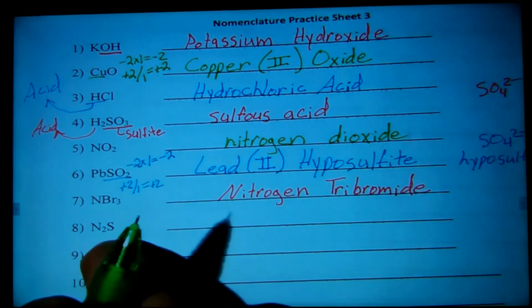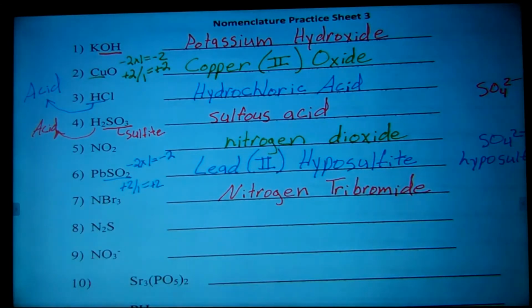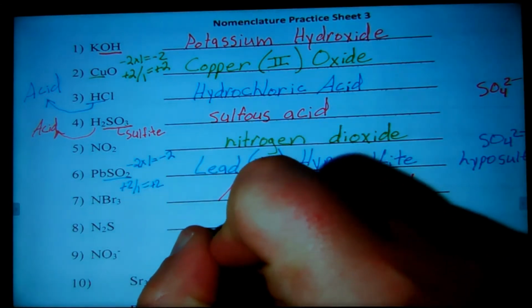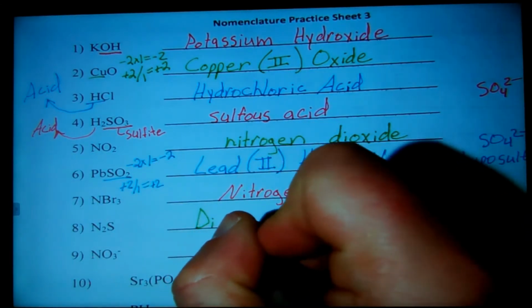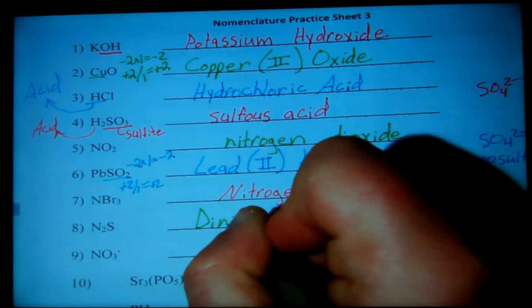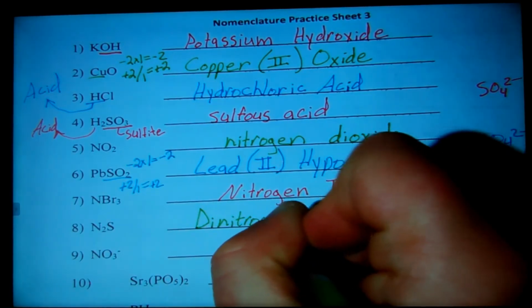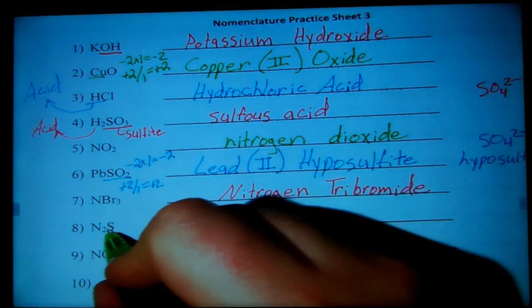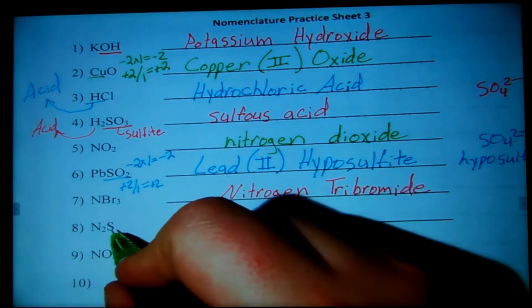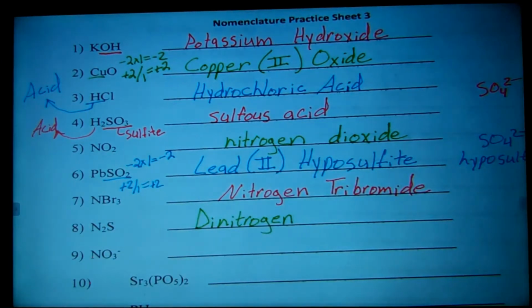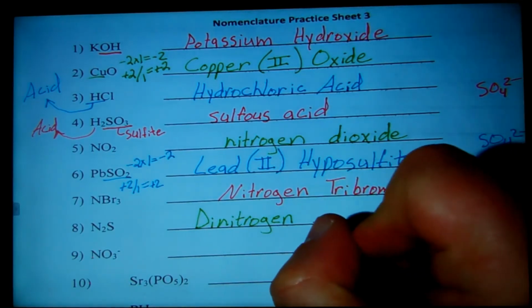In this case, there is 2 nitrogens, so we must use a prefix now. So it's di for 2, nitrogen, sulfur. Okay, sulfide here. There's only 1 of them. You must include the prefix.